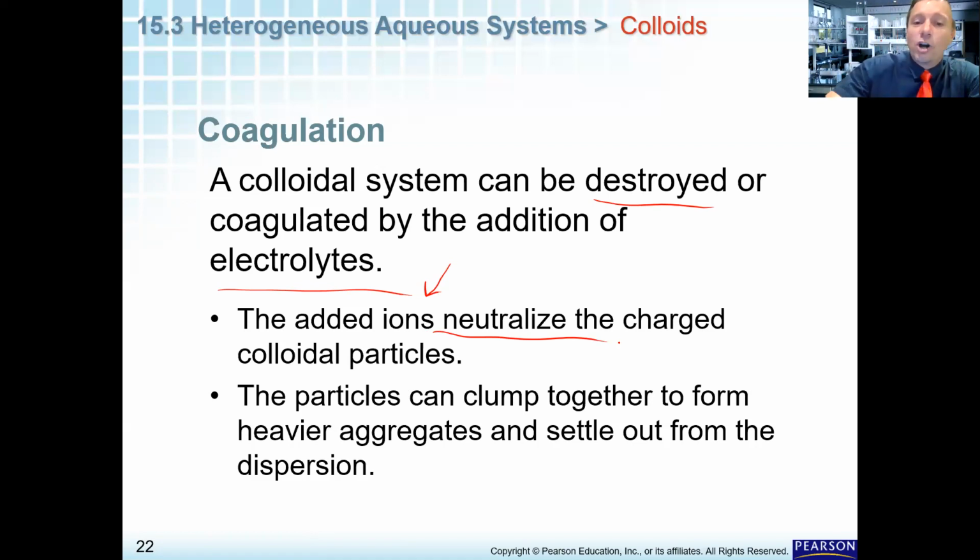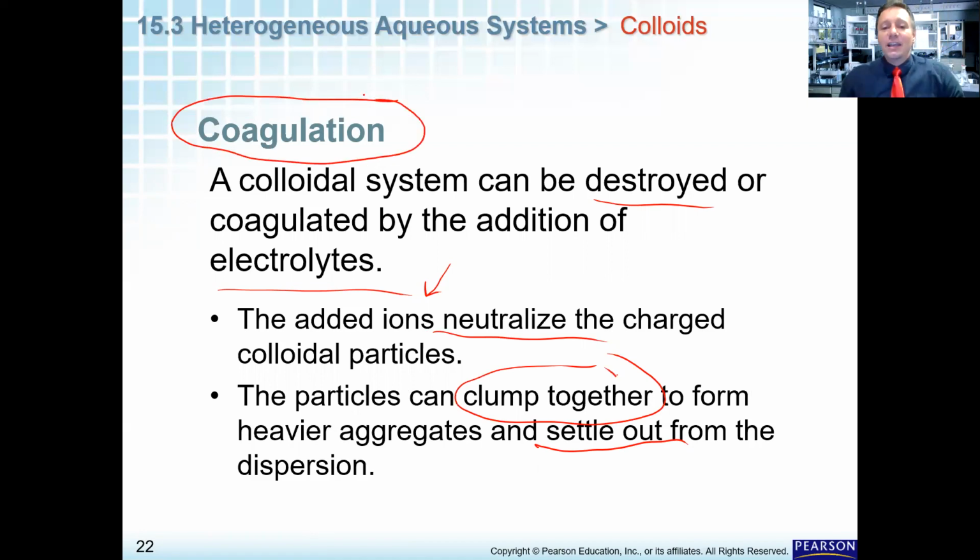And what it does is it causes them to clump together. So it forms these clumps of charge, these charge attractions, negative and positive, will clump it together and it will cause it to settle out. So it causes to form these heavier aggregates, and that is what is coagulation. Coagulation is clumping together. That's what that term means.